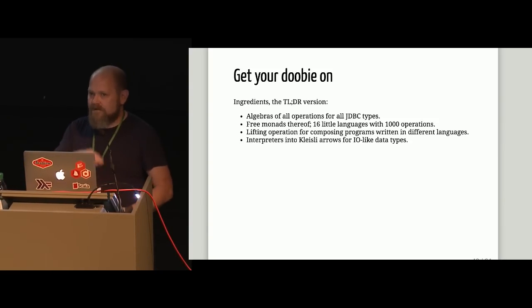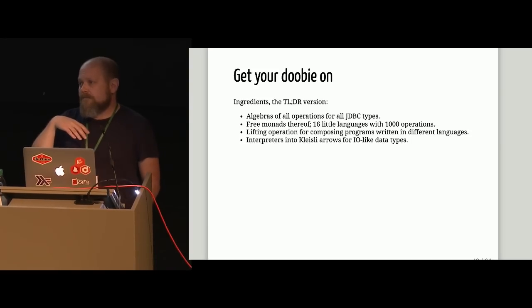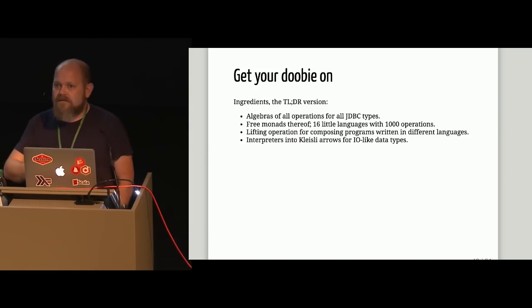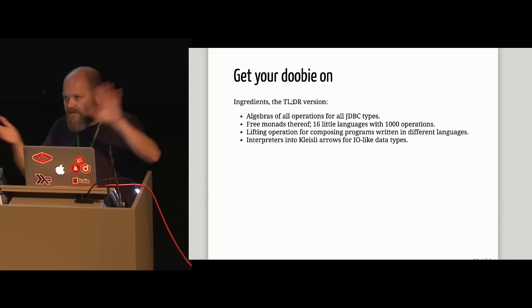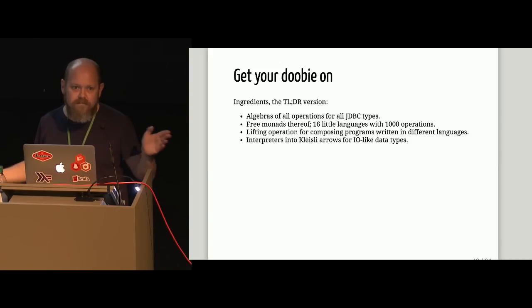And then we have interpreters into Kleisli arrows for I/O-like types. So this gives us semantics. This gives us meaning. Free monads are just structure. They have no operational meaning.